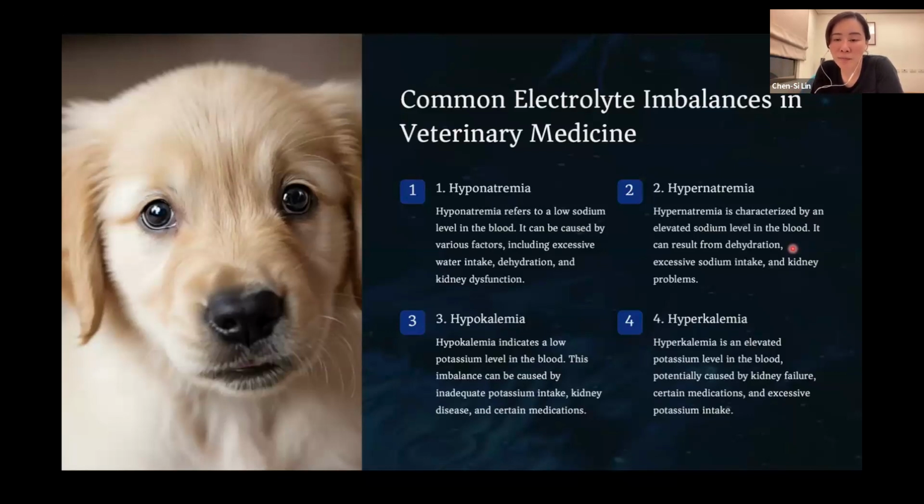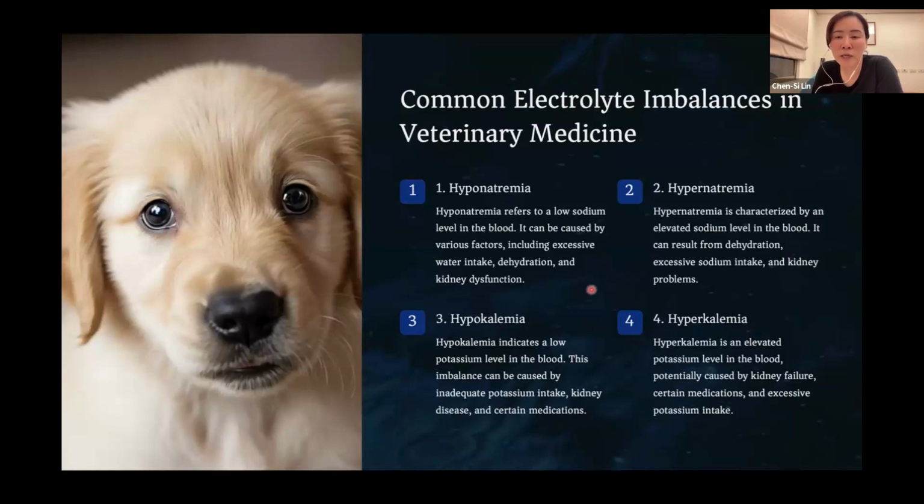Also, if the animal is under the condition of excessive sodium intake, maybe via diet or via some drugs, it will also result in hypernatremia. And kidney problems will result in the same situation.